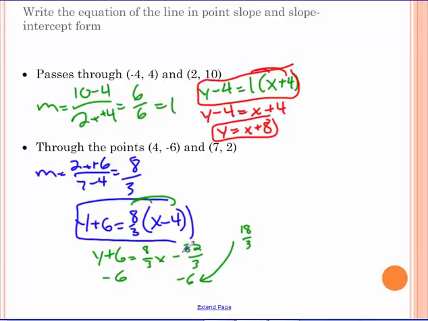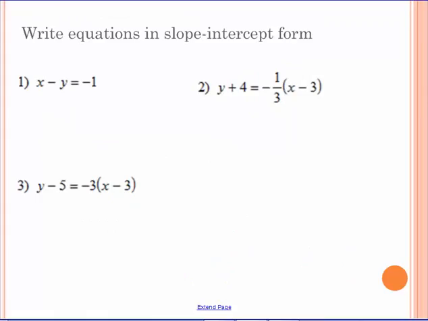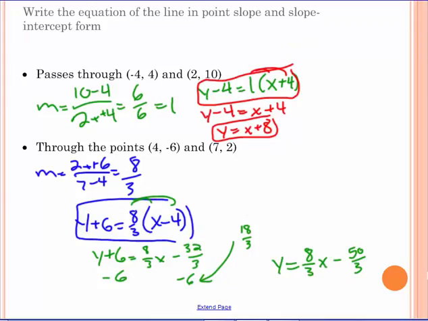So when I think of it like that, negative 32 minus 18 gives me negative 50. So my real equation is y equals 8/3 x minus 50 over 3. Simplifying the fractions, don't worry too much. If you can't do that in your head, if you need to use a calculator, please do. Just be careful that you're doing it properly.